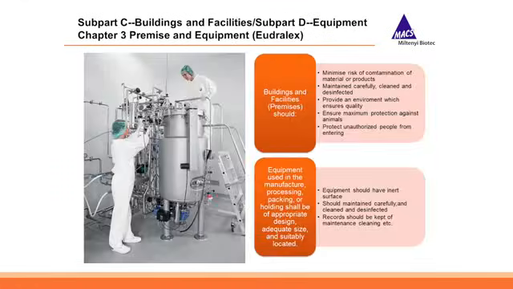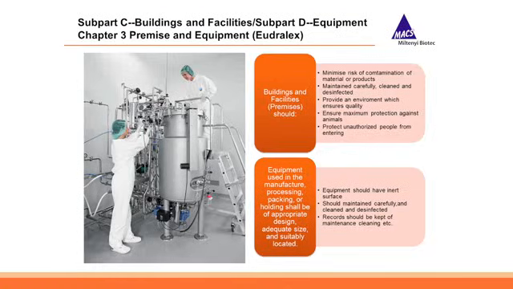Buildings, facilities, and equipment. Basically, it's more or less common sense which is written in there if you think it through to the end. Of course, the buildings and facilities should minimize the risk of contamination of the material and products. They should be maintained carefully, cleaned and disinfected. This has to be, of course, proven in records, and I will come back to this later.